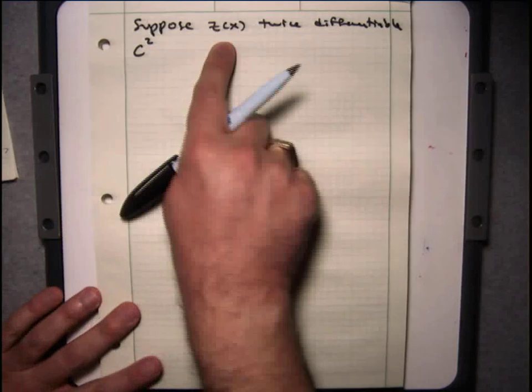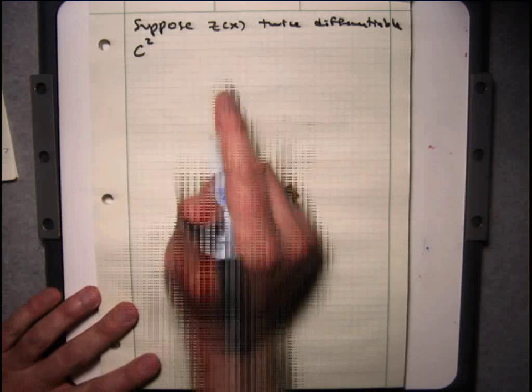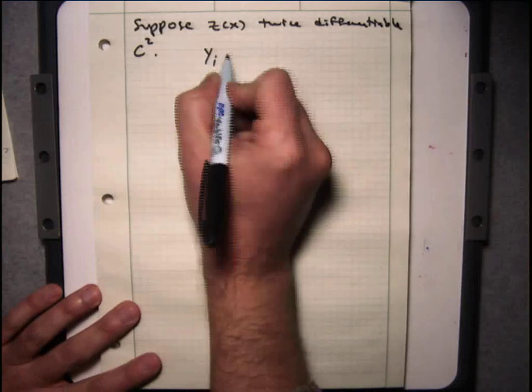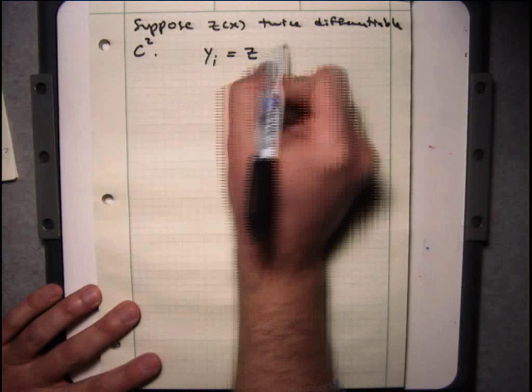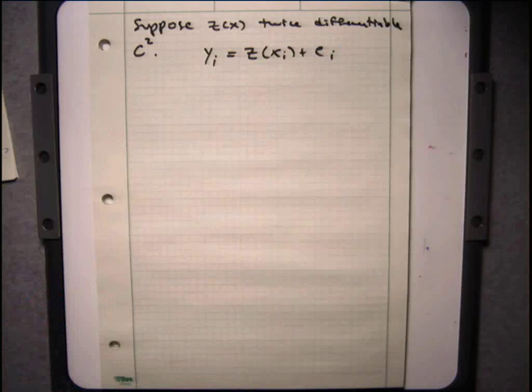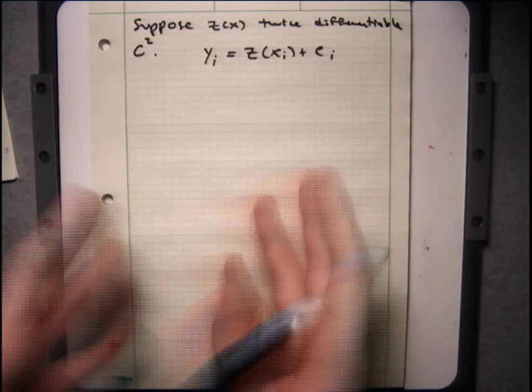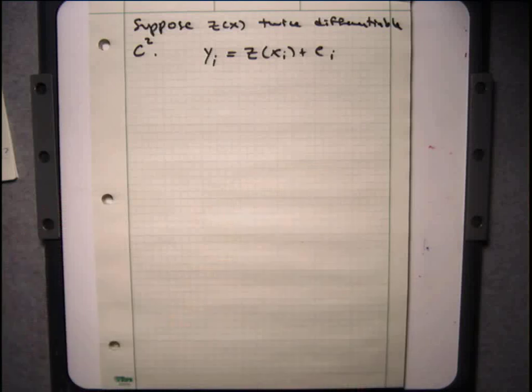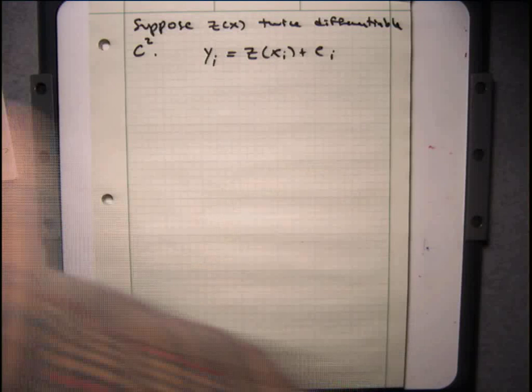If I take this twice continuously differentiable function, and I generate a bunch of data from it like this, y_i equals z of x_i plus e_i, with this noise being just zero mean and some fixed variance, then you might ask the question, if I wanted the mean squared error to get smaller and smaller, and I want to estimate using these non-parametric techniques, how many samples should I have over some interval?